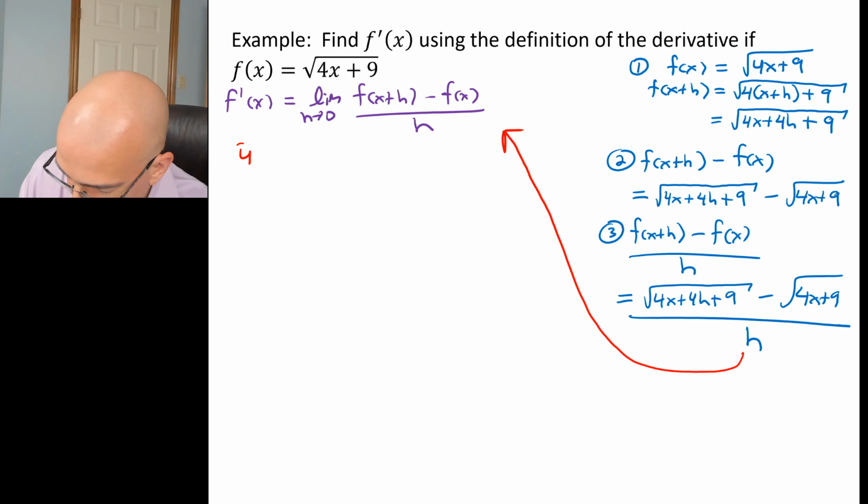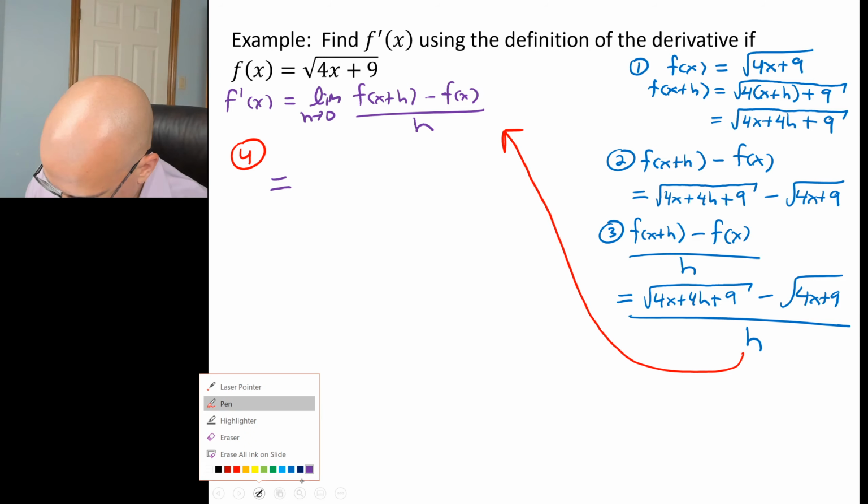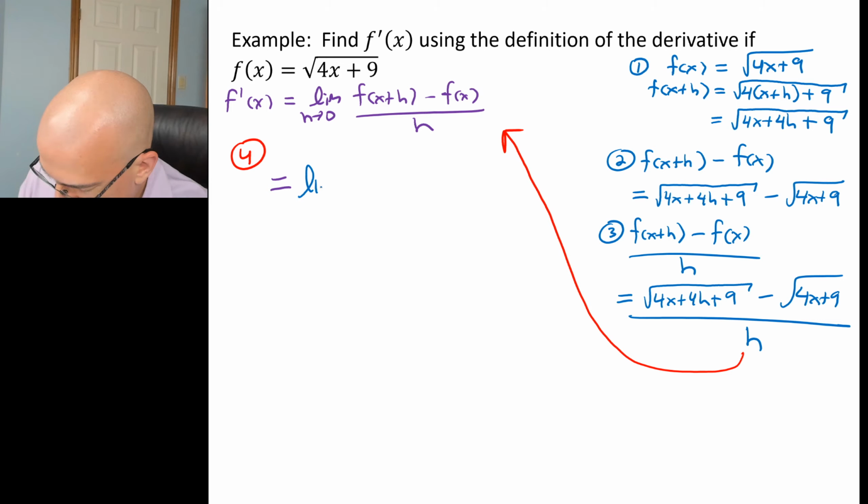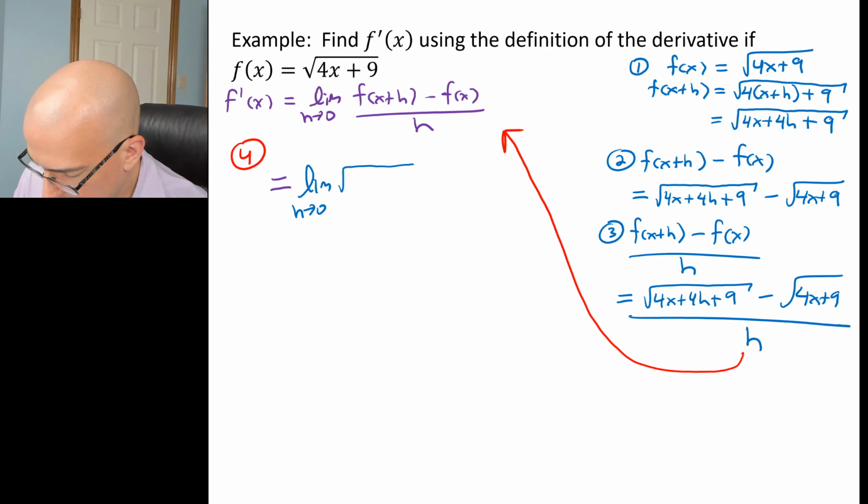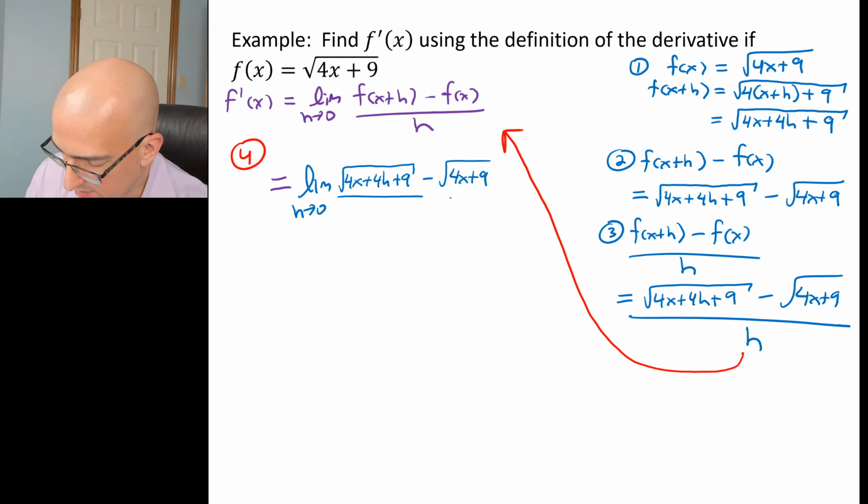So step 4 equals limit h approaches 0 of all that stuff that's there. The square root of 4x plus 4h plus 9 minus the square root of 4x plus 9, all over h.